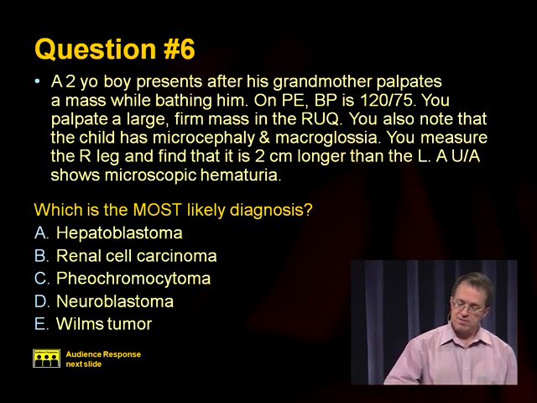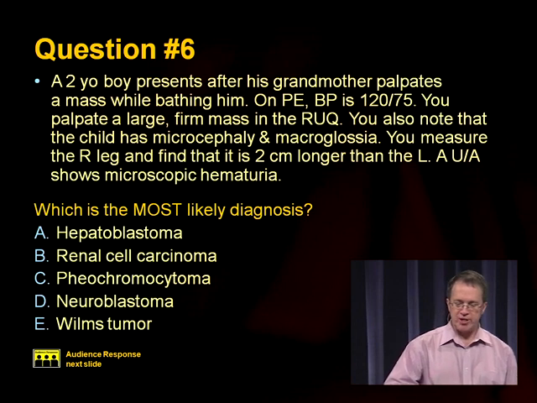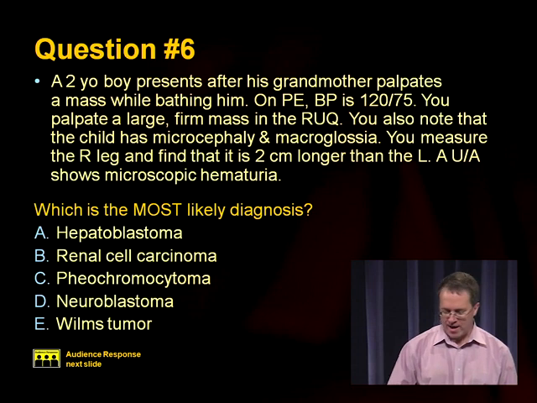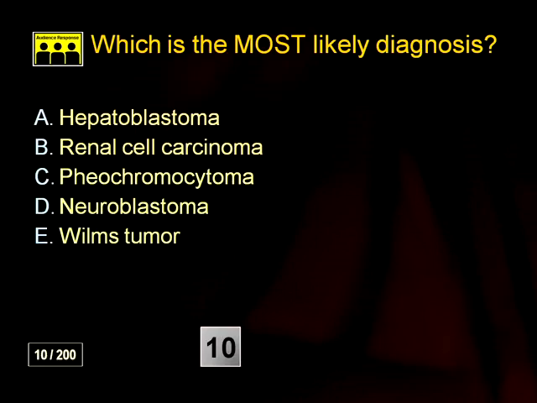Diamond or dung, large firm mass in the right upper quadrant, gigantic diamond, okay, microcephaly, macroglossia, right leg 2 centimeters longer than the left, and a UA shows microscopic hematuria, okay? All right, I don't want anyone to miss this question, okay?